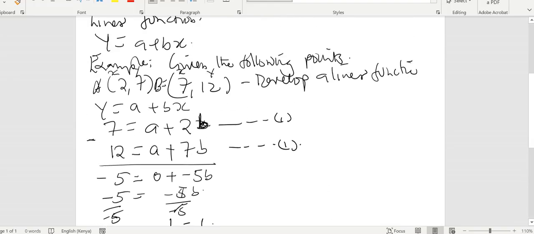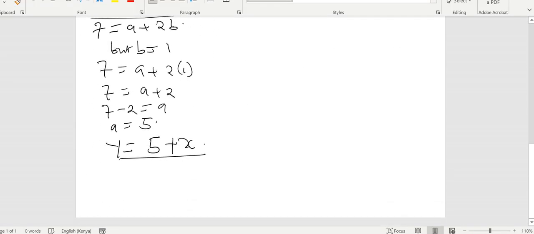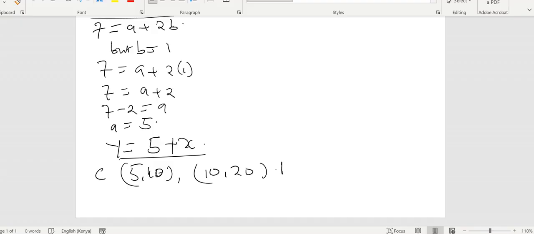What about this one? Assume you are given another point C, you have here 5, 10, and 10, 20. So you are told to develop a linear function.